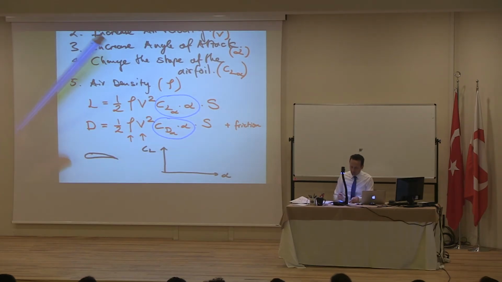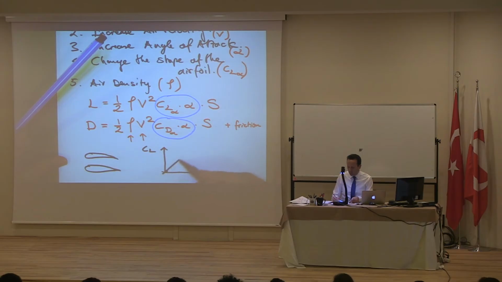Okay? So let's say you have a symmetric airfoil. If it's a symmetric airfoil, then at 0 alpha, you get 0 lift, right? We looked at that. 0 CL at 0 alpha, so you are here. If you increase alpha, CL will slowly increase, so you will get something like that.